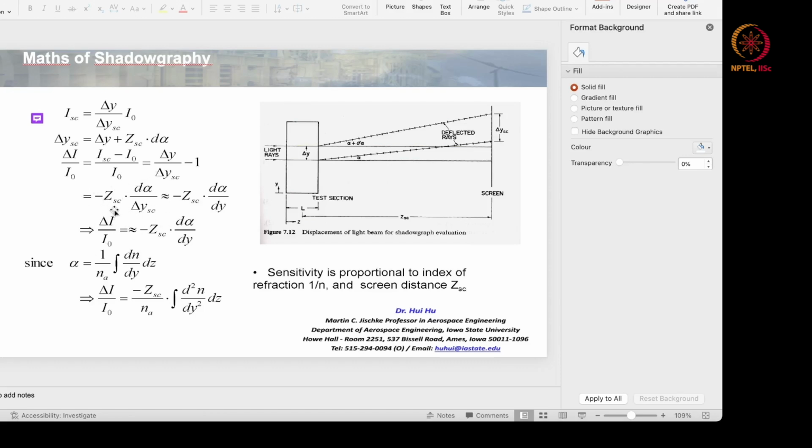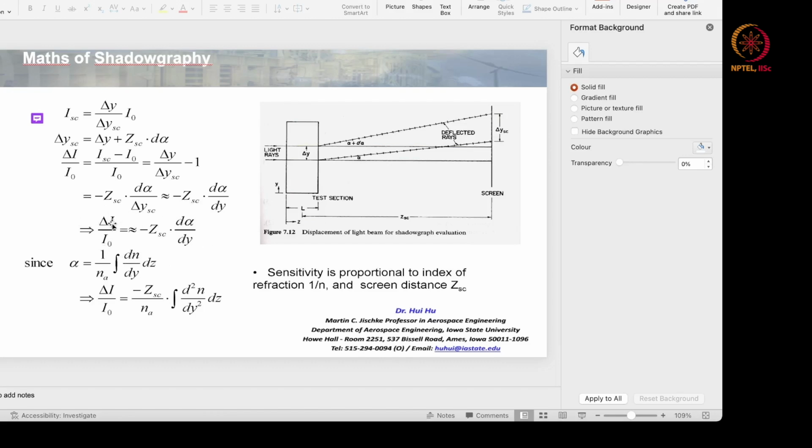So this turns out to be equal to minus ZSC into D alpha by dy, where alpha is the deflection. So this is the gradient of deflection, or the spatial variation of the deflection with y, and ZSC is the distance at which the screen is placed. This is equal to the relative change in the illumination compared to the initial. So this is what you get.